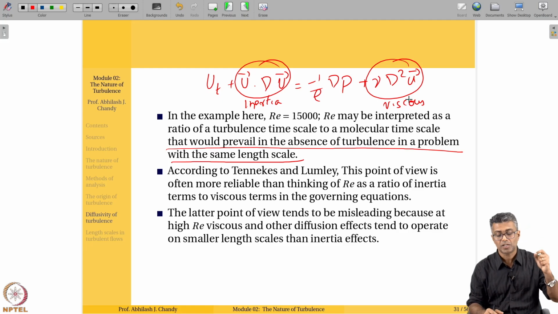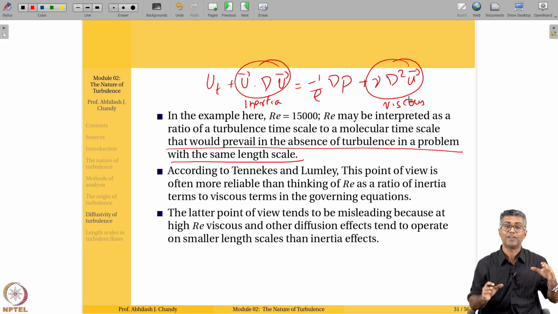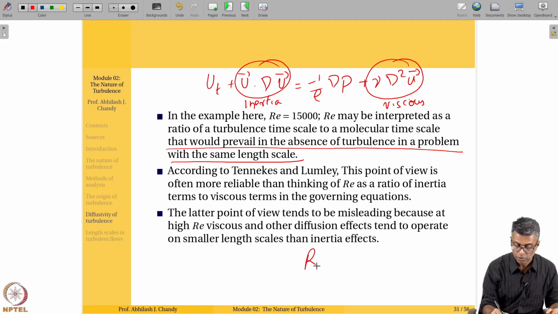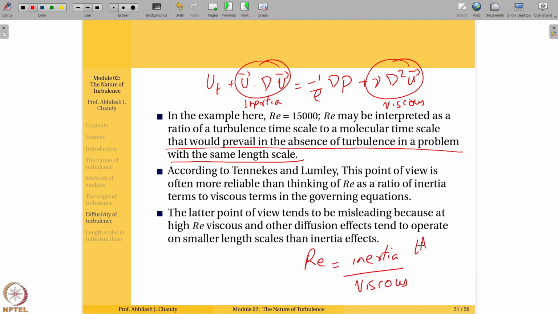So when we consider the Reynolds number to be the ratio of inertia over viscous, both are dominant at different ranges of length scales. The inertia is at large scales, or I would say intermediate scales as well, and the viscous terms are definitely at small scales.